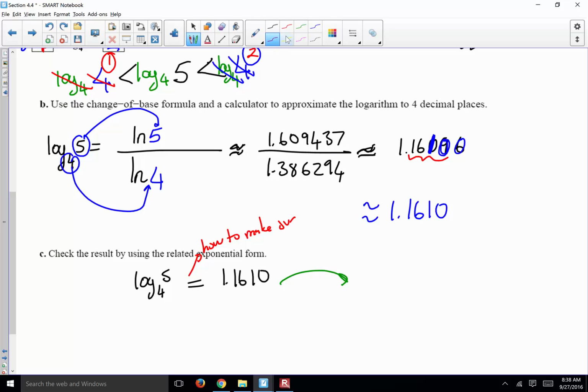Do you remember the first week we dealt with exponentials and logarithms? It was the box, triangle, circle method. This is triangle, this is circle, this is box. I don't know which one I called box, but you replace these, switch them around, and this turns into an exponential. Who wants to change this into exponential?